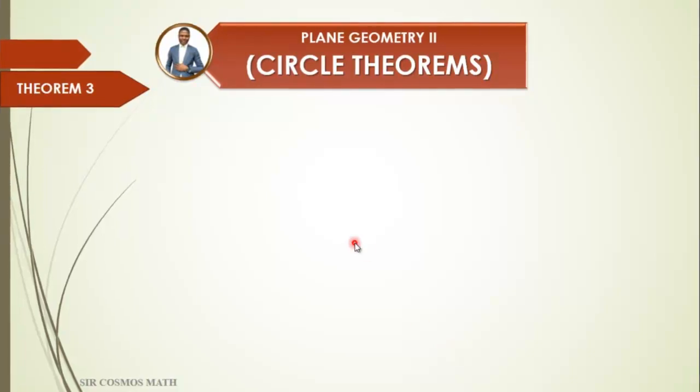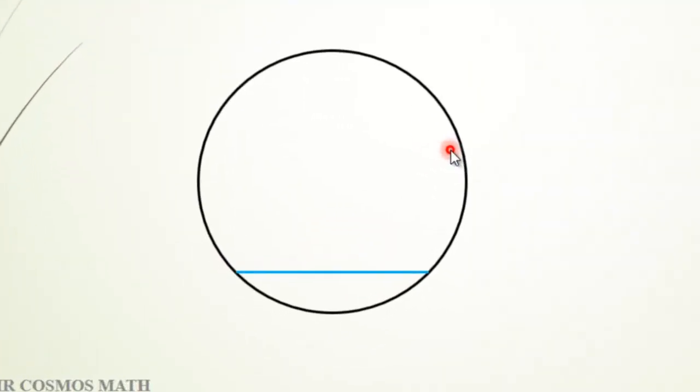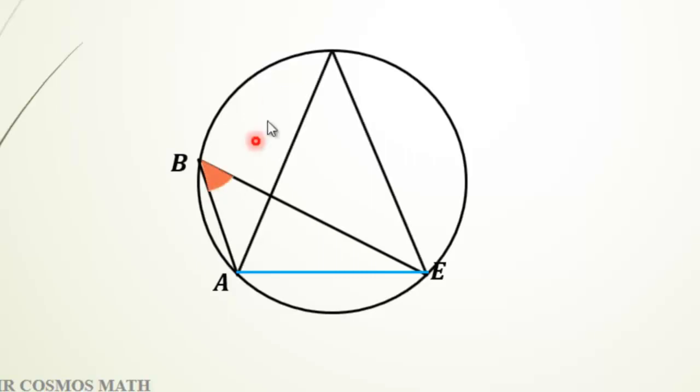If I have a circle, now draw my chord. In case that chord makes an angle at the circumference of that circle, and the same chord makes another angle at the circumference of the same circle at a different position, according to the theory, this angle and this angle are the same.